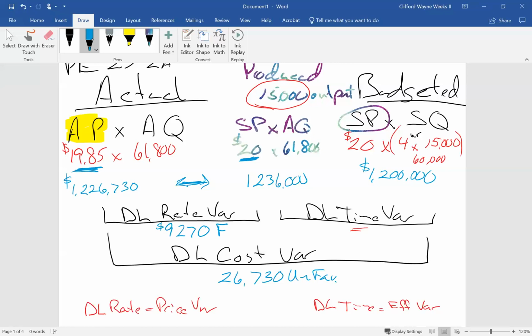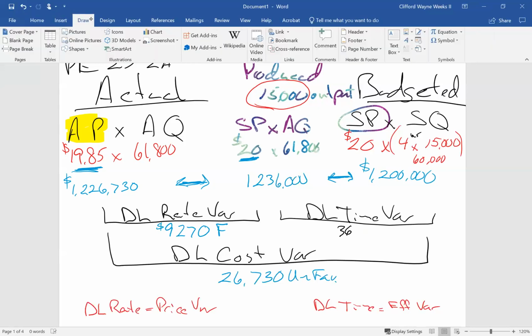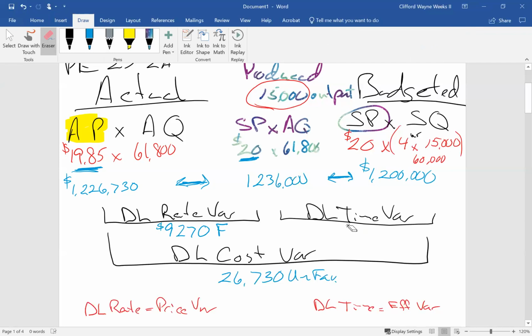Because we did the middle column correctly, we can now compare the difference between these two. And we can find out that we end up with a $36,000 time variance. So let me ask you, is that favorable or unfavorable?